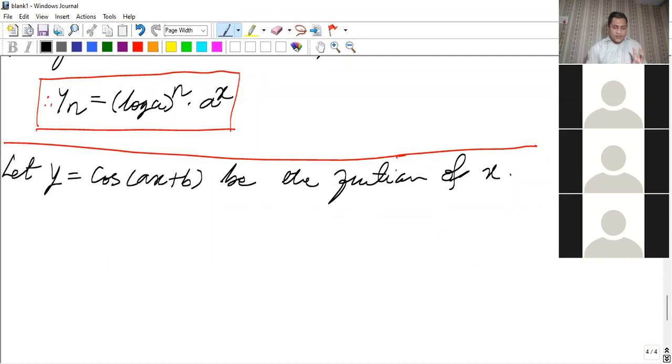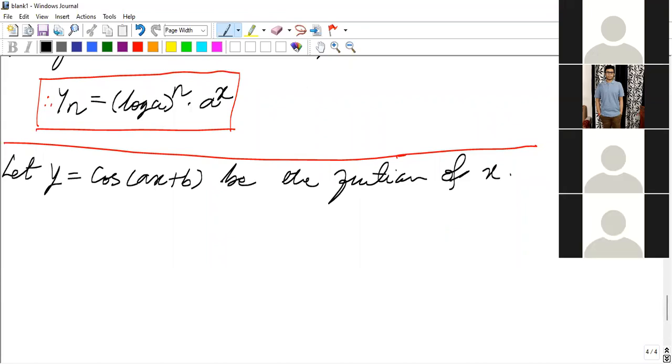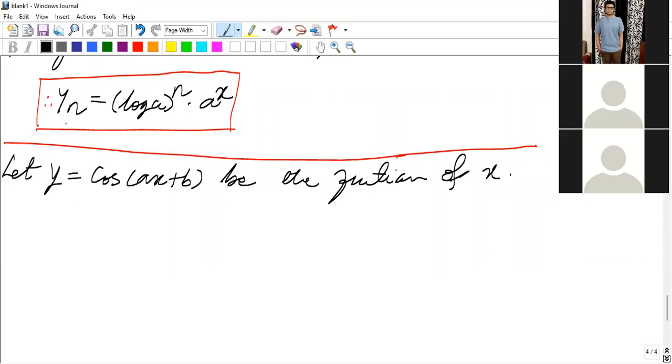We know the derivative of cosine. So what will be the derivative of this term? It will be minus a into sine of ax plus b. Arush? y1 is equal to minus a sine of bracket ax plus b. Great, good.